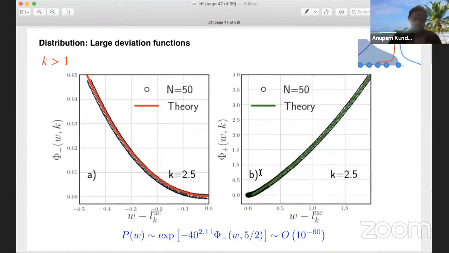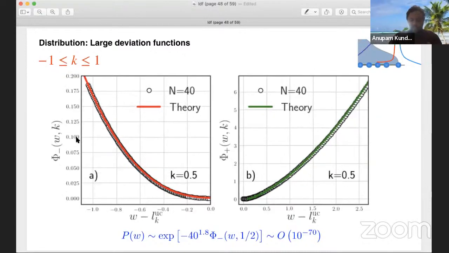Okay, so these are some plots of the large deviation functions. The circles are from numerics, and this is the theory. And I am plotting only the function. So the probability is exponential n to the power something times this function. And if you estimate this probability at 10 to the -60, even though we have plotted only till this much, we could generate probabilities of 10 to the -100 for this k greater than 1.